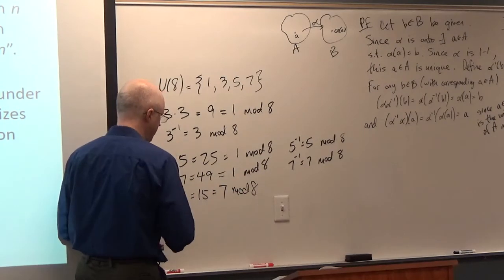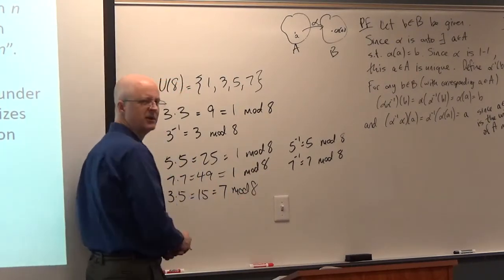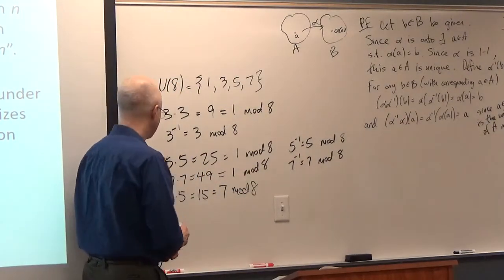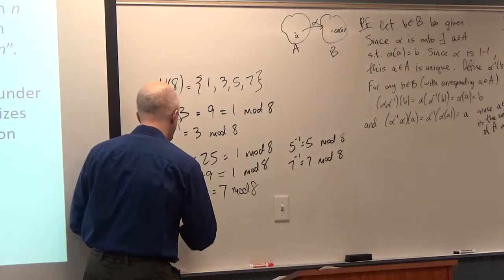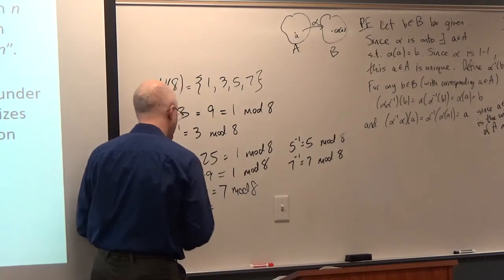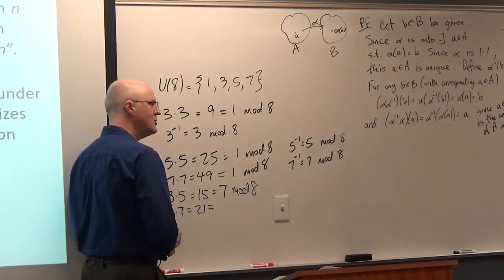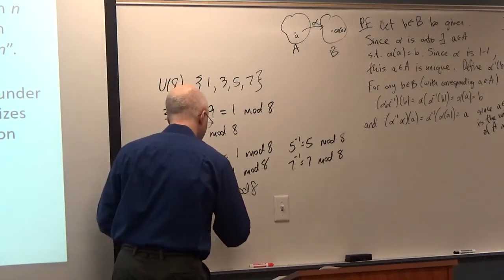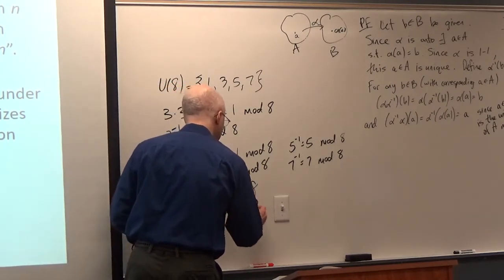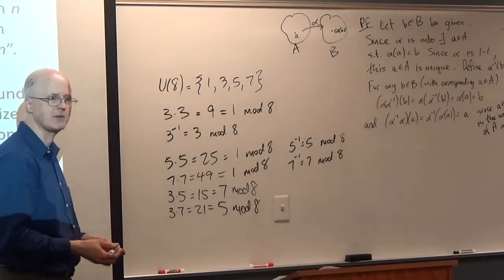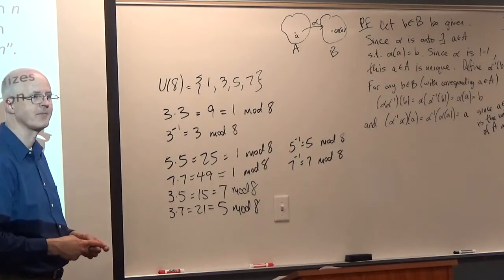You should always add the extra mod, sometimes at the end, sometimes in the middle. It's not a big deal. 3 times 7 is 21. What's 21 mod 8? Divided by 8, you get 2, remainder 5. It looks like closure's working. We haven't verified every possibility here.